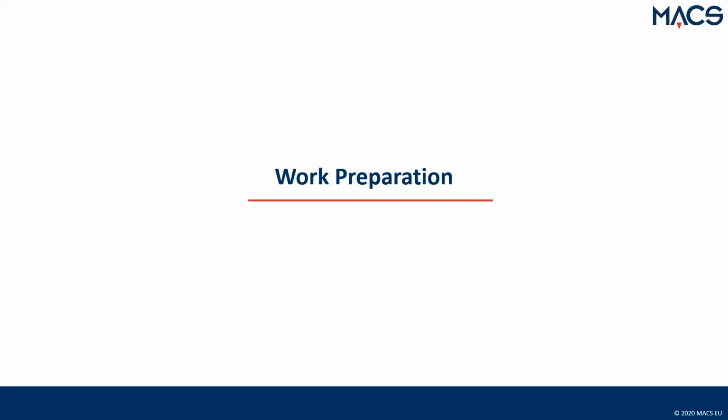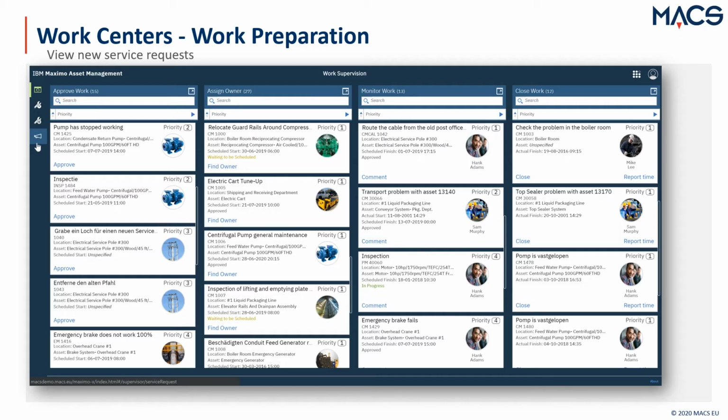And then next to self-service, of course, also part of work management would be the work preparation. So this service request is requested, is submitted, and I, as a supervisor or the work preparation role, am going to get this request and create a work order of it, for example.